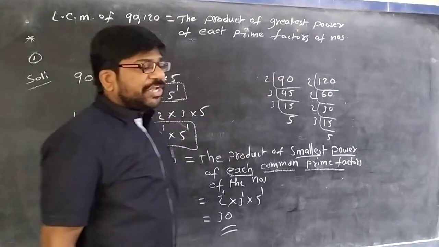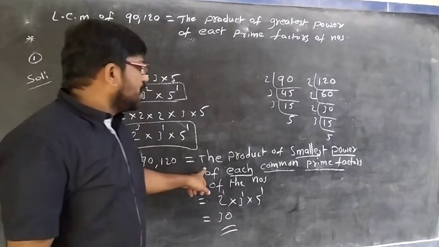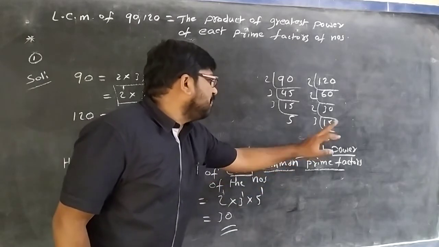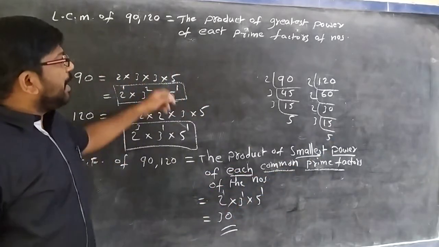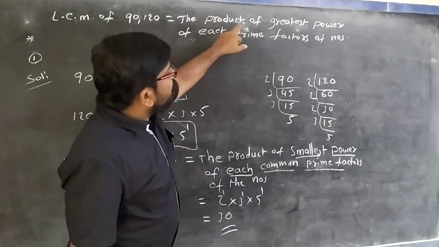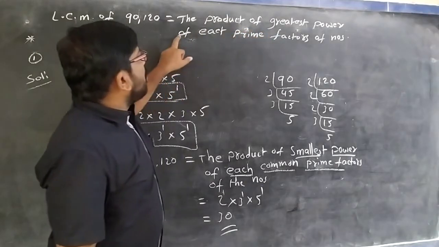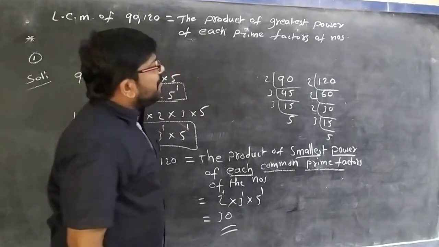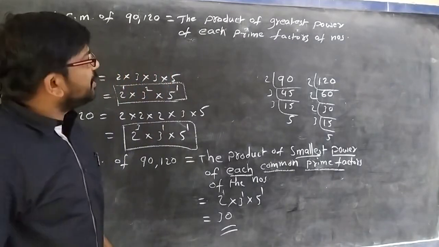See, a small change: in HCF, the product of smallest power of each common prime factor, but in LCM, the product of greatest power of each prime factor of the numbers.